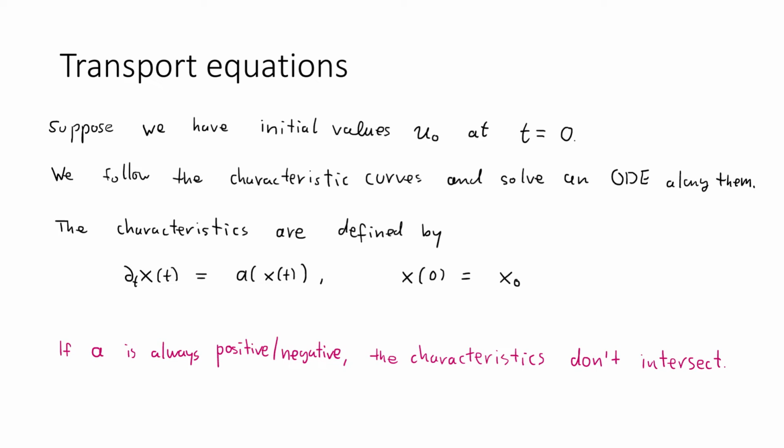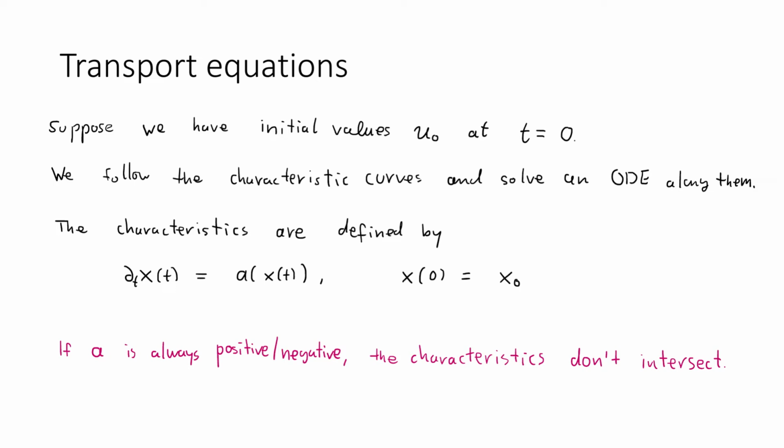The characteristics themselves are defined by ordinary differential equations. Namely, we have that the t derivative of the position x(t) shall equal a(x(t)), and x(0) shall equal x0, where x0 is some initial position at time t equals 0.